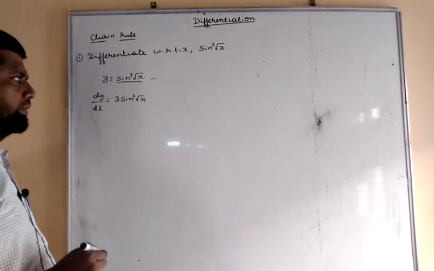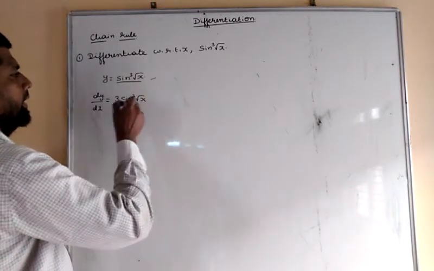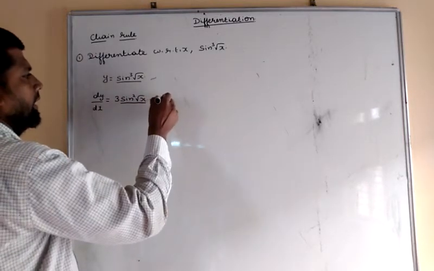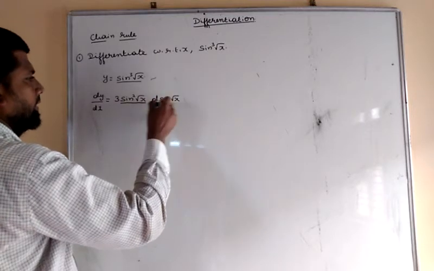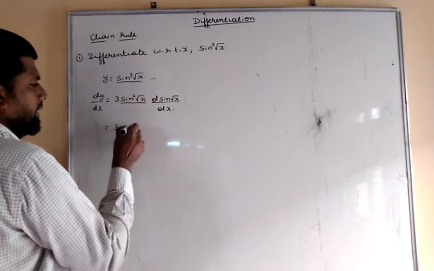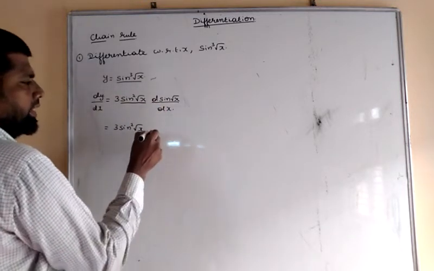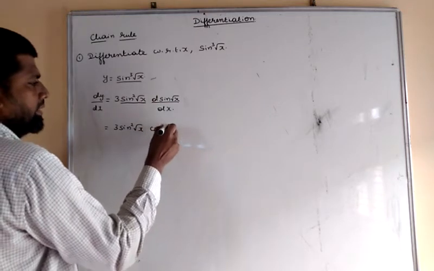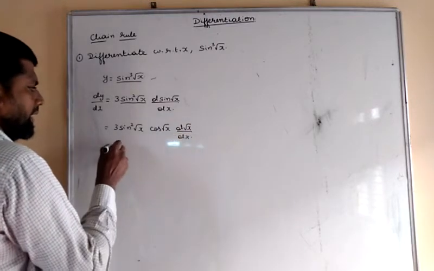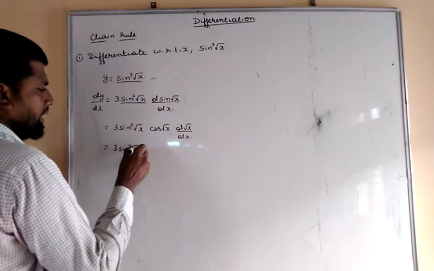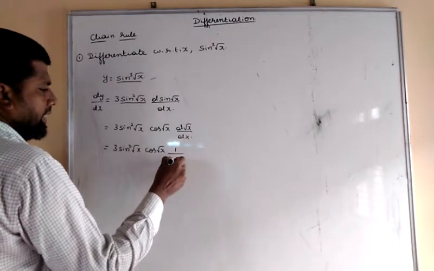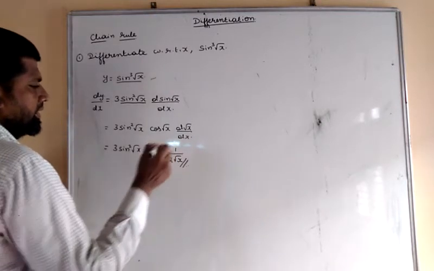Here again I have taken sine root x as an x, so I will differentiate sine root x again. 3 sine square root x, and sine root x differentiation is cos root x, since in the place of x root x is there. So again I will differentiate this one: 3 sine square root x cos root x, then root x differentiation is 1 by 2 root x. So this is the direct method.